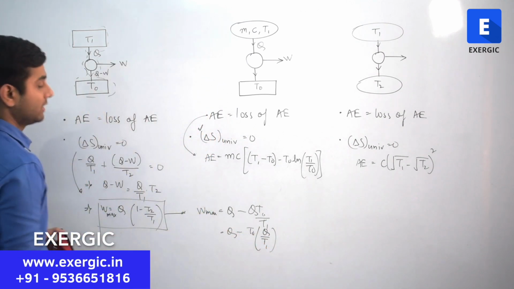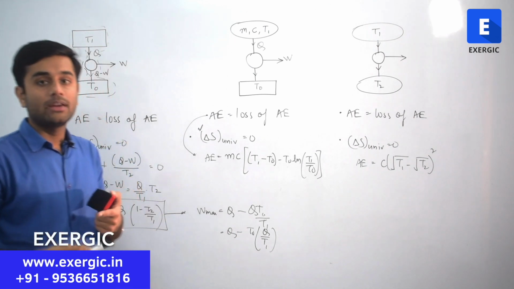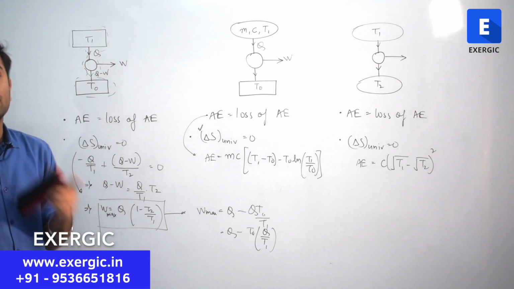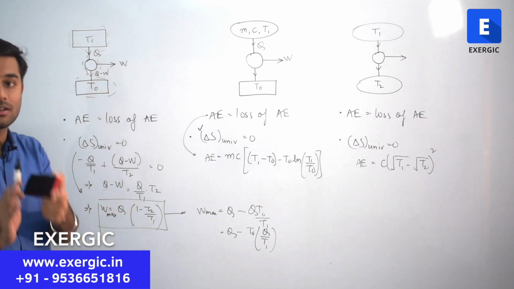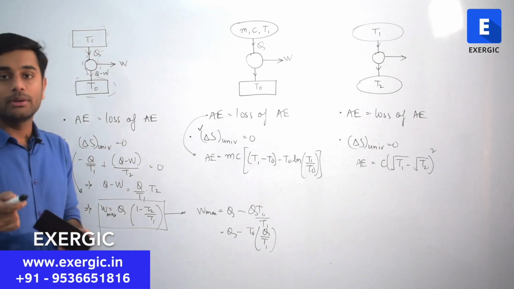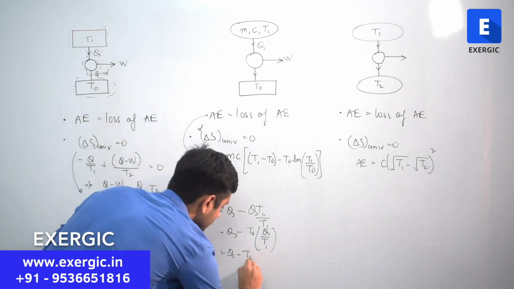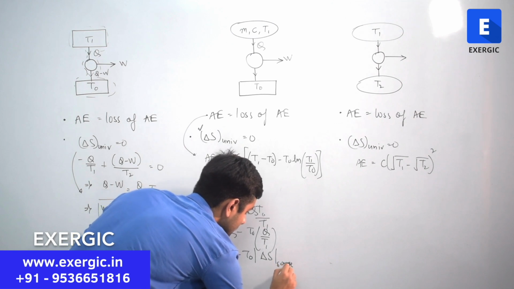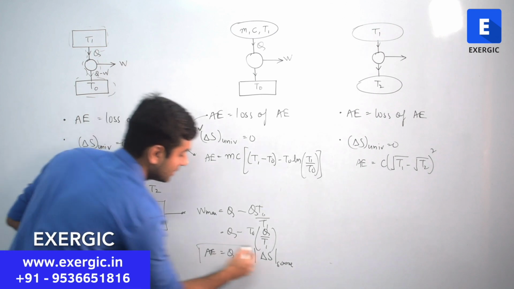And this Q by T1 is actually the change in entropy of this reservoir, but the absolute value, because the actual change for this is going to be minus Q by T1, but the absolute value is Q by T1 only. So they write this as Q minus T naught multiplied by delta S of source. This is W max, which is ultimately going to be AE, right?